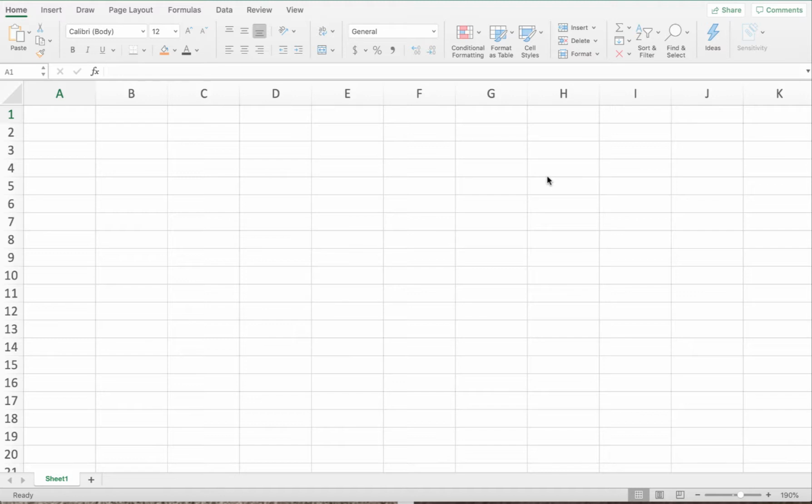So the first one says, what would be the revised net operating income per month if sales volume increased by 100 units? Okay, so if you remember, there's two ways we can do this. We can do this the quick and dirty way, or we can do it the longer way. I'm going to show you both ways.